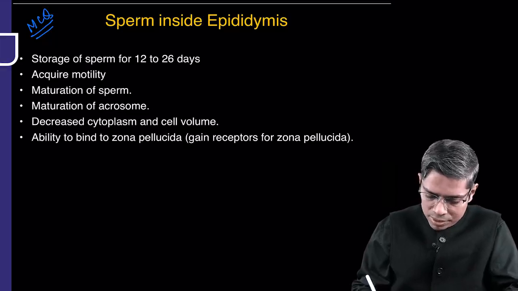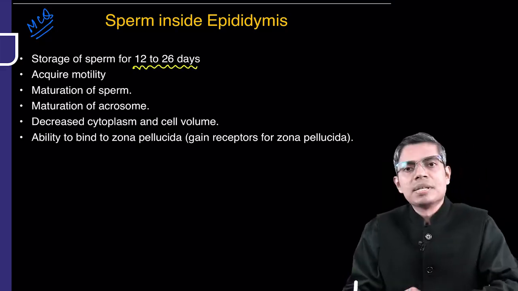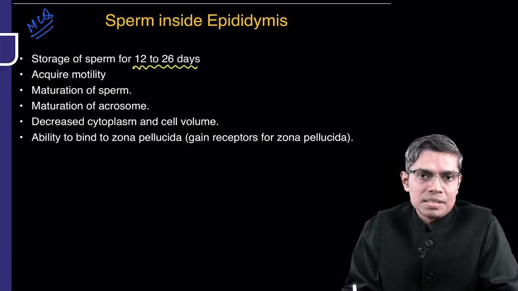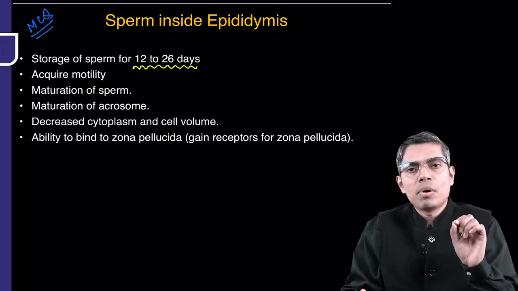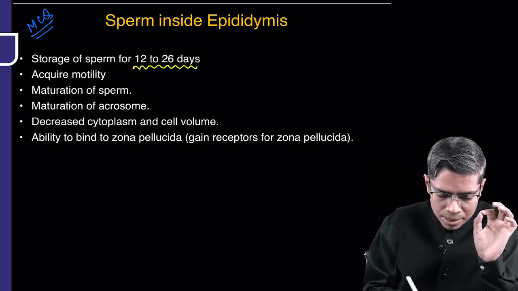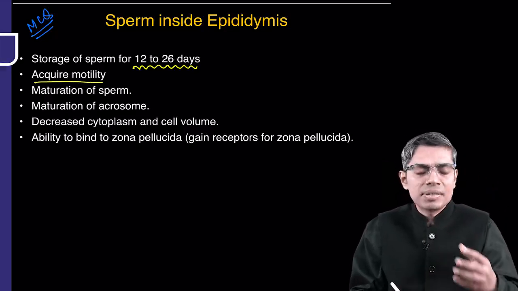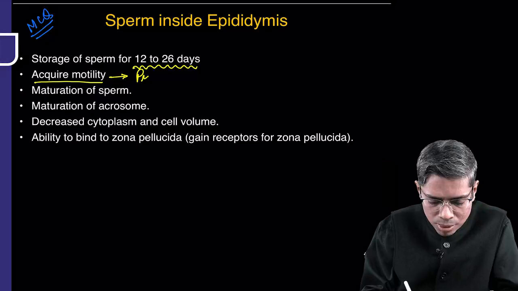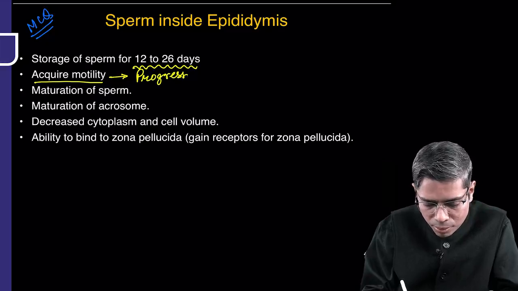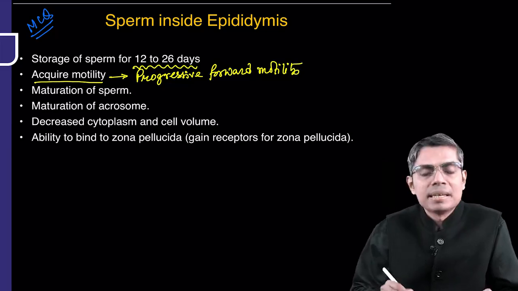First of all, the sperm remains inside the epididymis for 12 to 26 days. During this stay, certain important changes occur in the sperm. Number one, it acquires motility. There are different kinds of motility, but the motility which is helpful for fertilization is known as progressive forward motility. Progressive forward motility is acquired at the level of the epididymis.